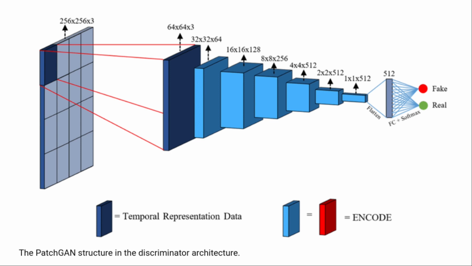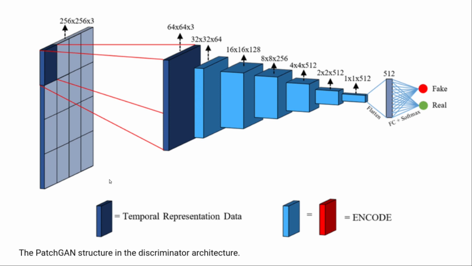And in the CycleGAN architecture, the receptive field of the discriminator turns out to be 70 by 70 patches in the input image. So in this slide, this dark blue area is one patch, and in CycleGAN that is a 70 by 70 size patch.